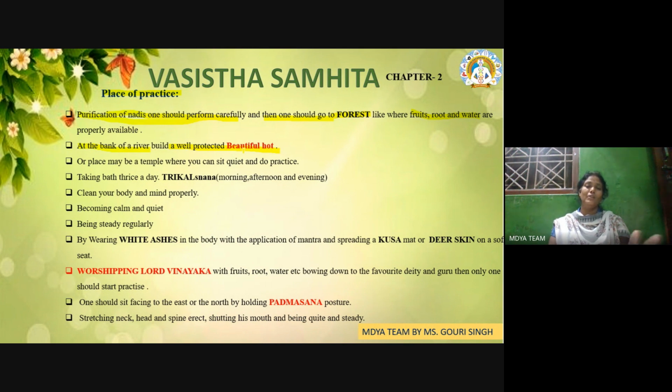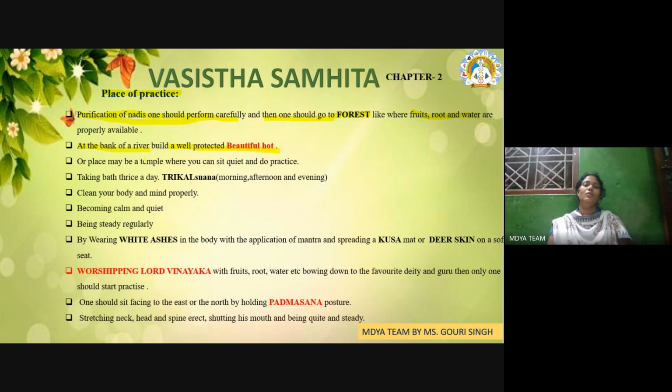It is described that way in the Hatha Yoga Pradipika, but here in the Vasishtha Samhita it is not described in detail. It only says the same things: there should be proper availability of things, it should be made near the bank of a river, and it should be protected from others.